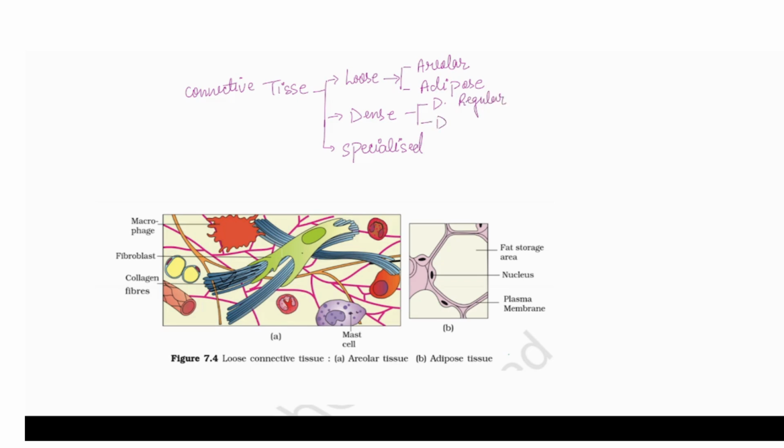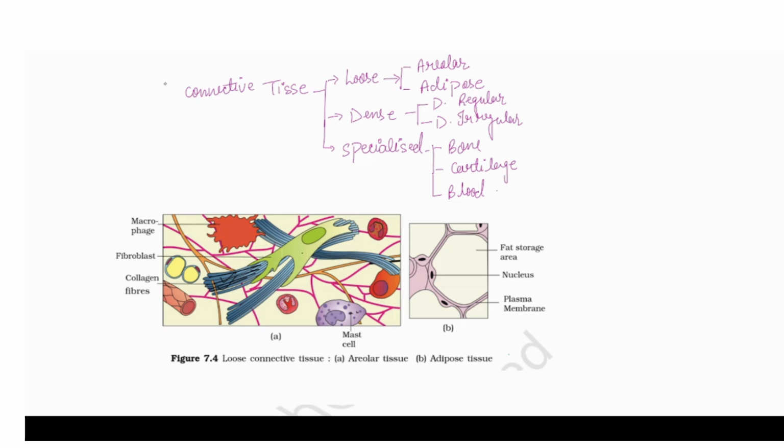Then in the specialized connective tissue, we will see bone, cartilage, as well as blood. So these few terms we have to understand.